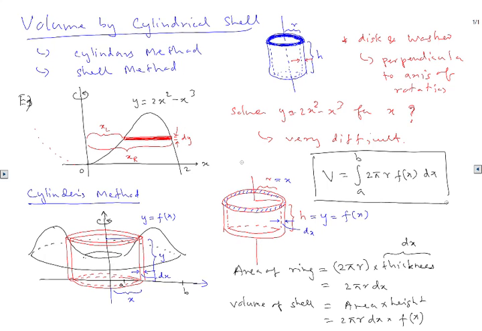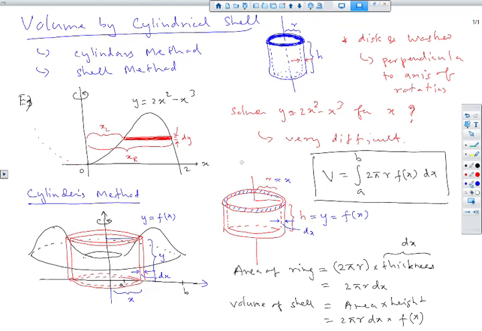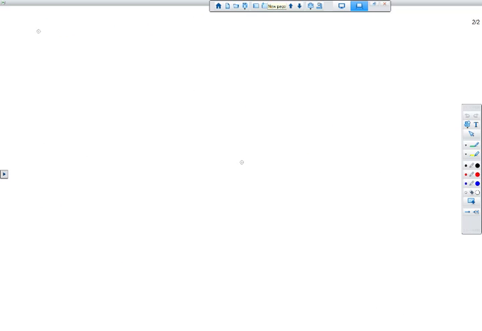Okay, let's do a problem. Again, the cylinders formula: V equals the integral from a to b of 2 pi times the shell radius times the shell height, dx.